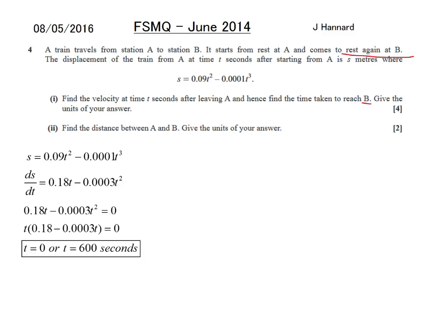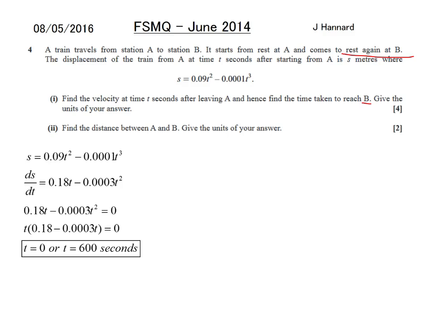Therefore t equals 0 or 600, because 0.18 divided by 0.0003 is 600. Or 60 minutes, no sorry, not 60 minutes, it would be 10 minutes, 600 seconds, and a sixth of an hour if you like as well.